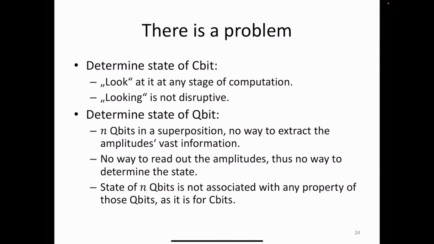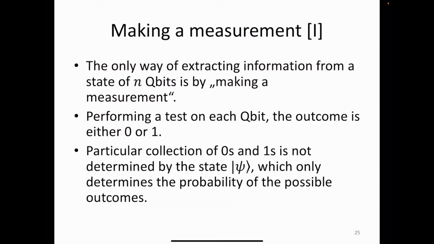And the state of n qubits is not associated with any property of these qubits as it is for classical bits. So in short, if you look at it, you lose information. So you better only look at the bit or at the system once you're sure you're done with your computation. So that's what we call making a measurement or measuring the system.